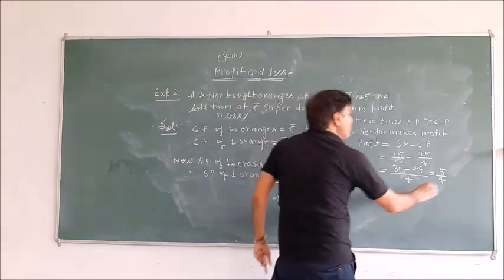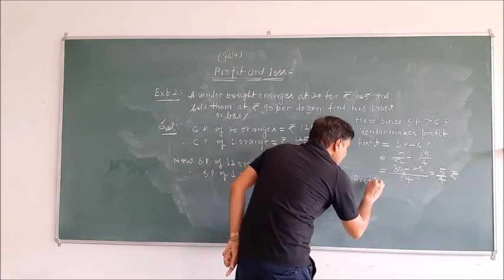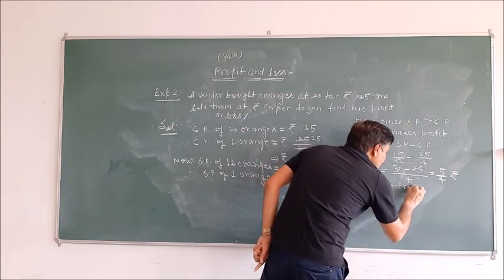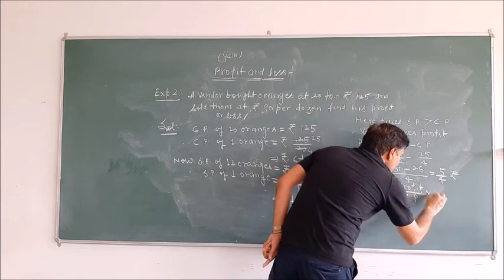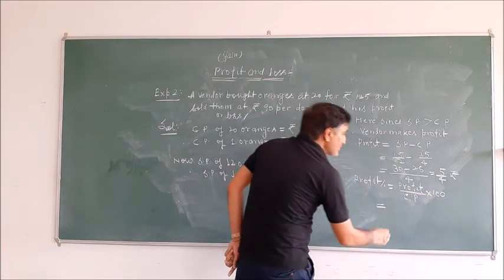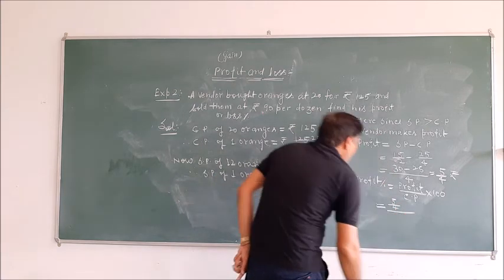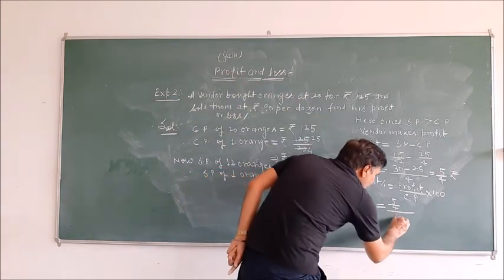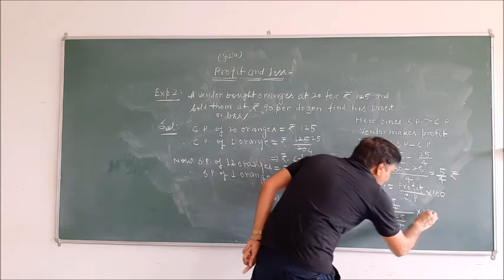And if we want to find out profit percent, then profit percent becomes profit divided by cost price multiplied by 100. Profit is 5 upon 4, cost price of 1 orange is 25 upon 4, and this whole multiplied by 100.